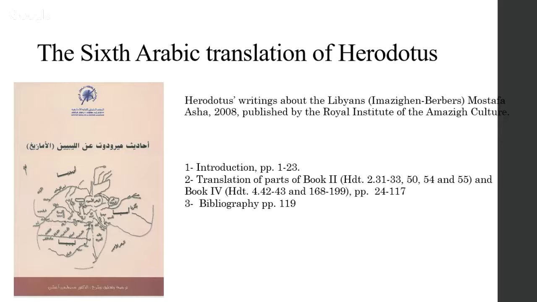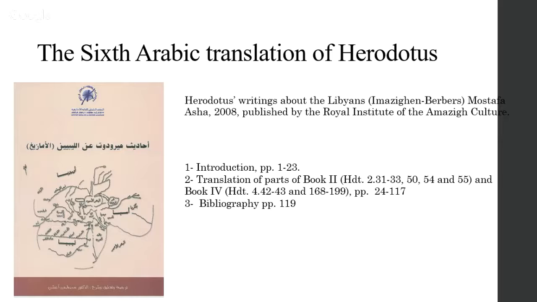It will reflect the translator's choice of labels of places, whether he will give them an Arabic Islamic label or a Berber label. I am very eager to see how these labels are there, because it is someone who is trying to say that we Berbers, we Amazigh, have a heritage, have a history here in this region.